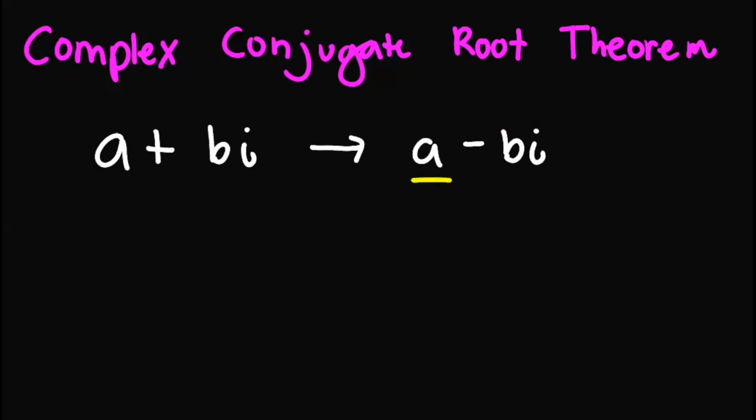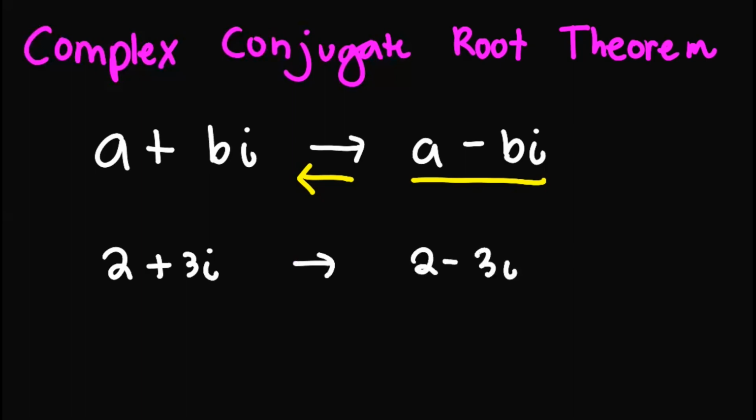If a minus bi is a root of that equation, it follows that a plus bi is a root of that equation. So examples of this are, if we have 2 plus 3i, it follows that 2 minus 3i is also a root.